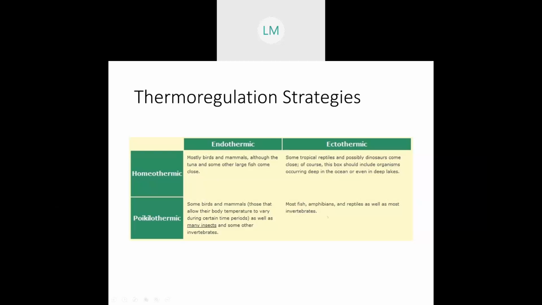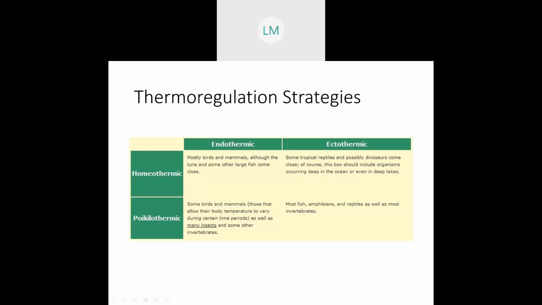And then down here, most of our ectothermic animals are also going to be poikilothermic, right? If you are getting your body heat from external sources, you're going to need to tolerate a wide range of body temperatures because you never really know where your body heat's going to come from, right? Or the sun's going to set at the end of the day and you're going to have to get colder. So most fish, amphibians, and reptiles, those are mostly going to be ectothermic and poikilothermic.